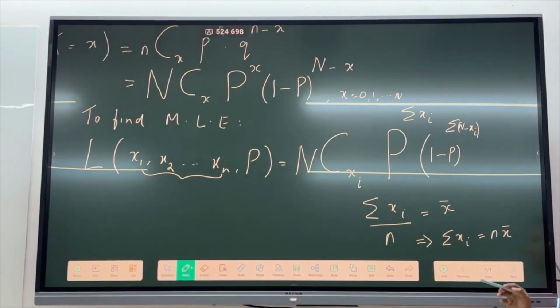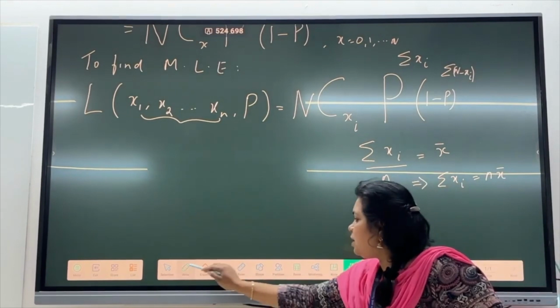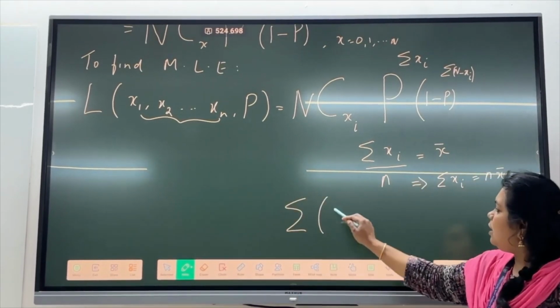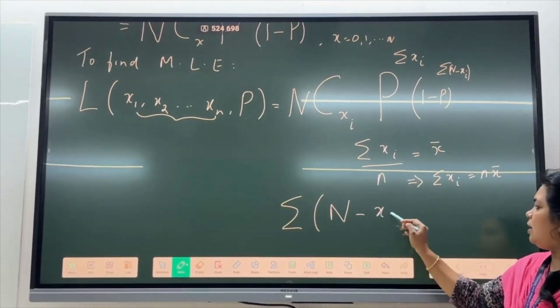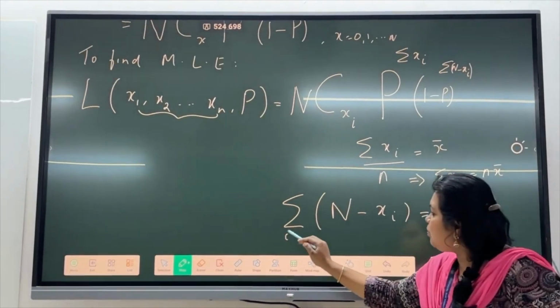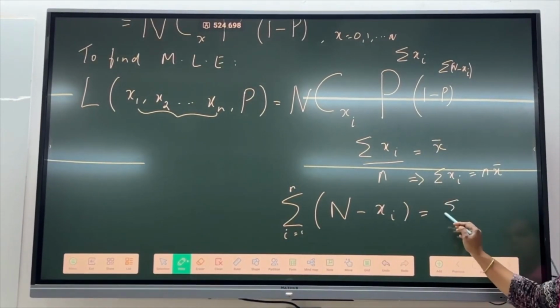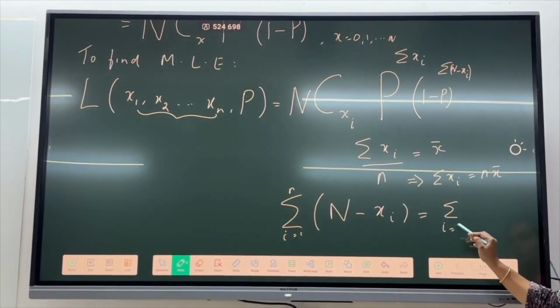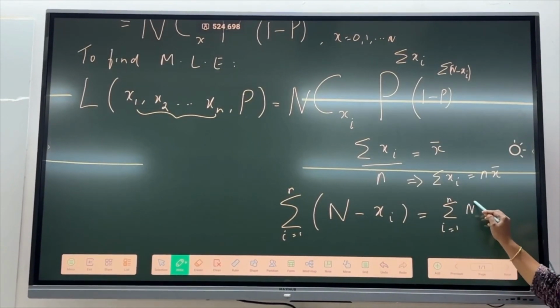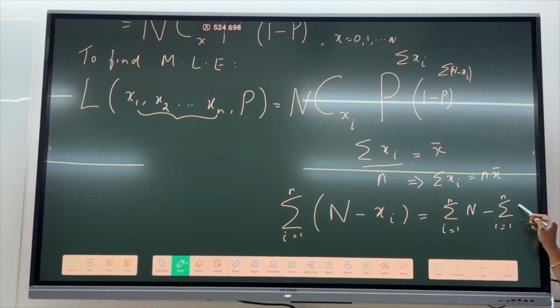Similarly, what is summation of N minus xi, where i is from 1 to n? Summation i equal to 1 to n of capital N minus summation i equal to 1 to n of xi.